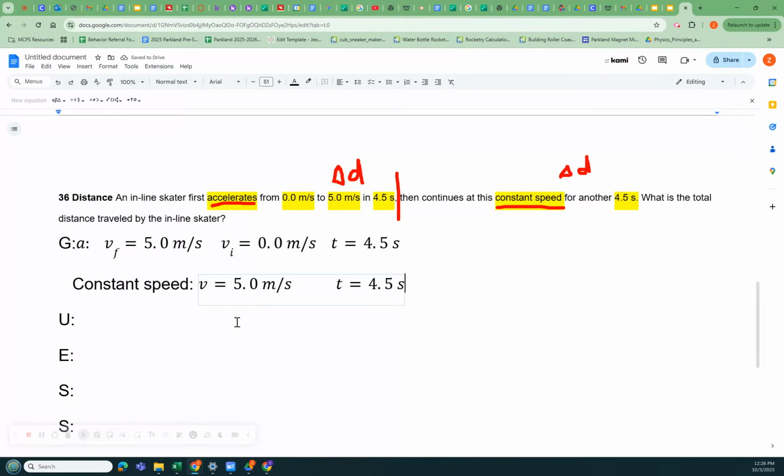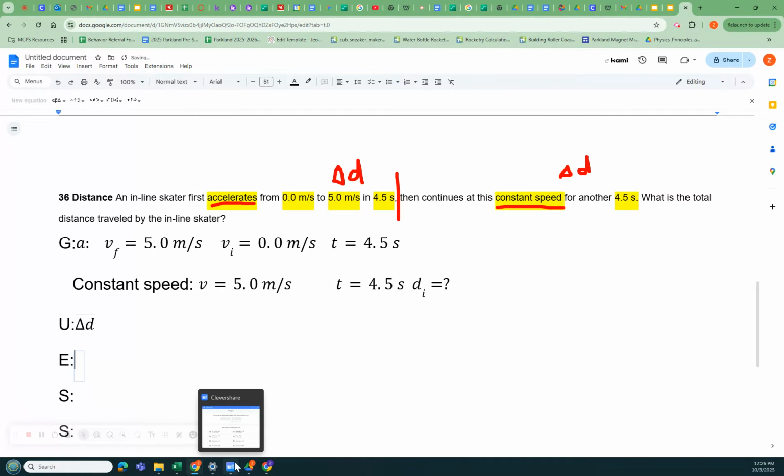All right. And di will be whatever the distance is that we calculate from the first part. All right, so the unknown is the total displacement. That's what we're going to try to figure out.